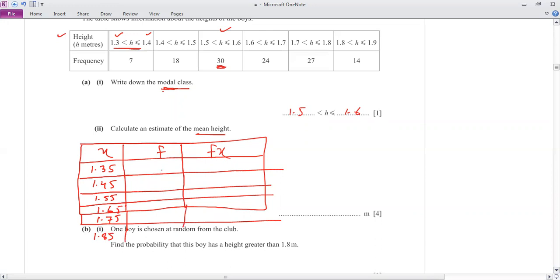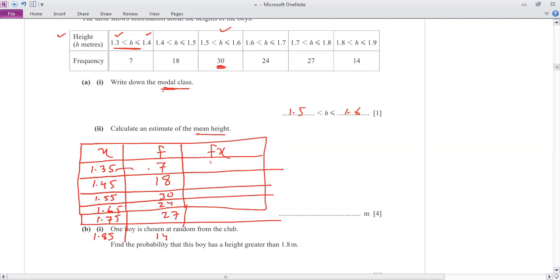Write the frequency for each class: 7, 18, 30, 24, 27, and 14. Find fx for each one. Multiply them and tell me what it will be.